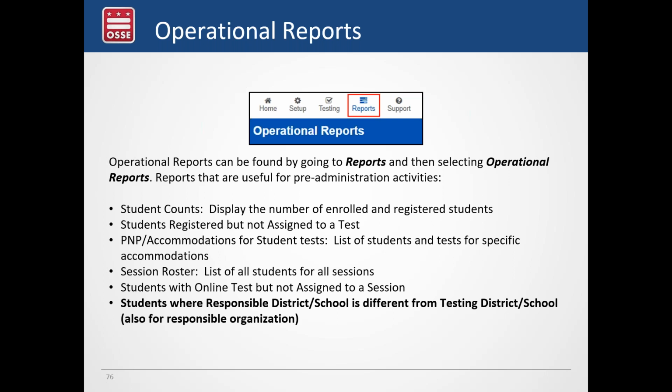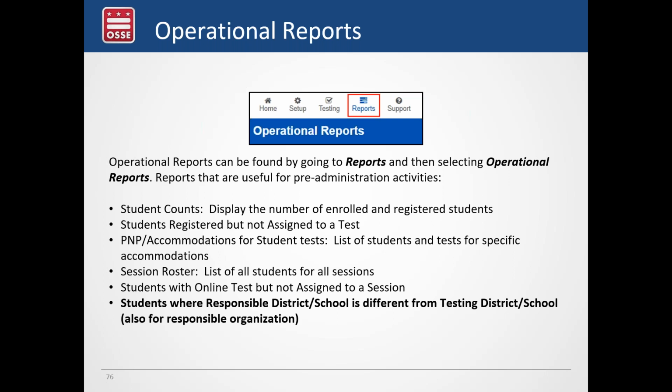We have student counts that I know is another big one utilized, and that displays the number of enrolled and registered students, the students registered but not assigned to a test. That's exactly what it means right there. And then for P&P accommodations for student tests, that just lists out student tests and students and tests for specific accommodations.